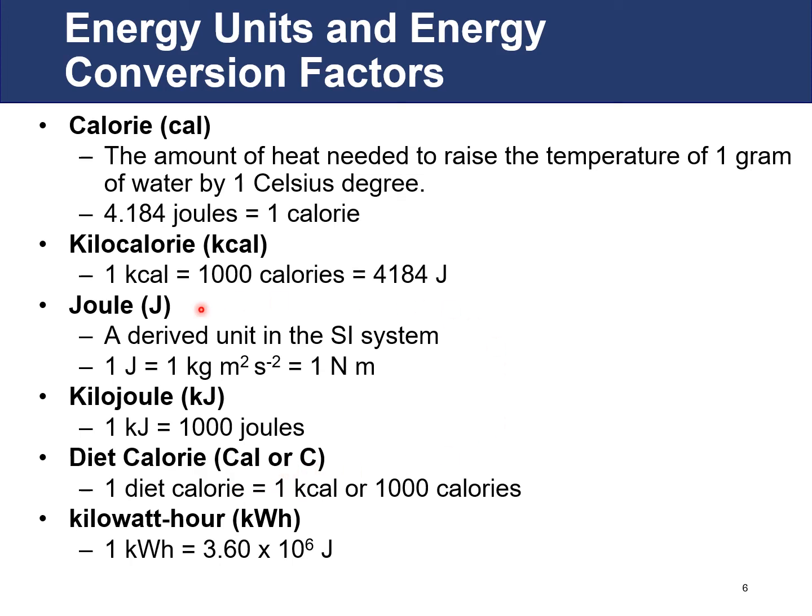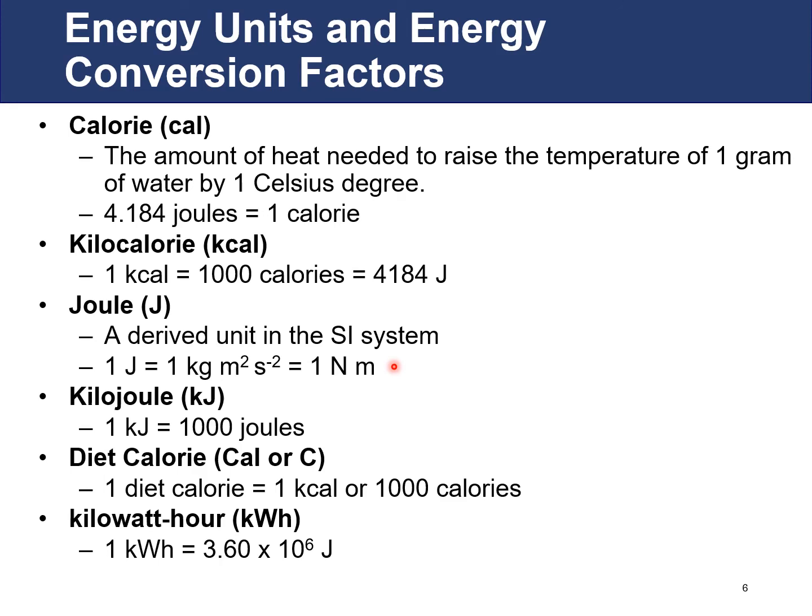Then we have the joule, which is the unit that we were talking about before, and this is the primary derived unit in the SI or metric system that is used for handling energy. 1 joule, because it is a derived unit, is based on our base units of kilogram, meter squared, second squared. We could also call it a newton meter.